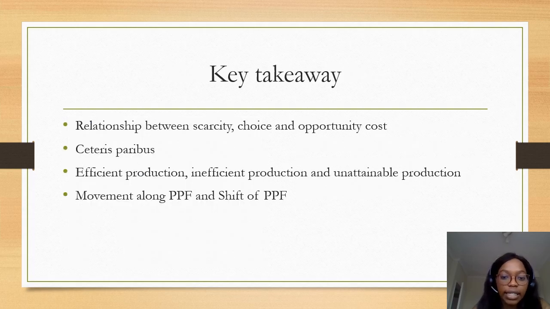Key takeaways from this: know the relationship between scarcity, choice, and opportunity cost, and how you can explain that in terms of the production possibility curve. Know what ceteris paribus means and when it applies. Why do we apply it?